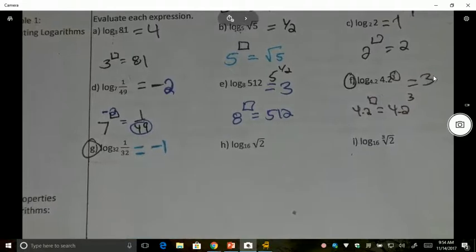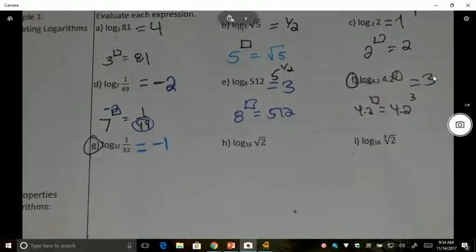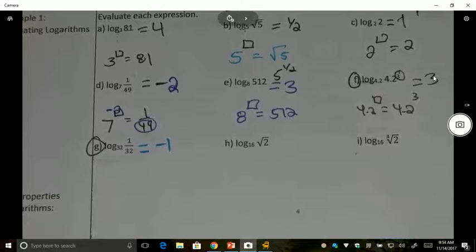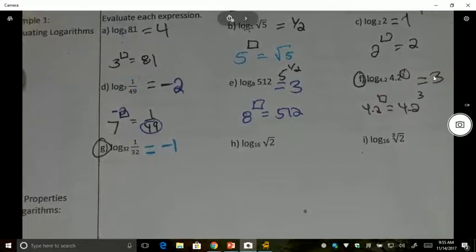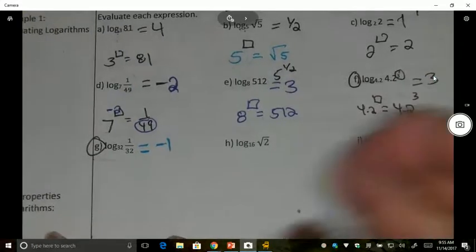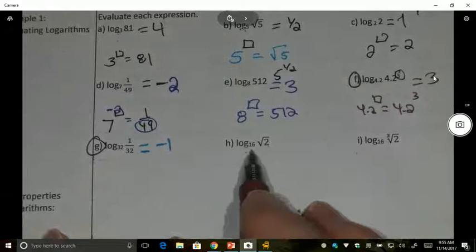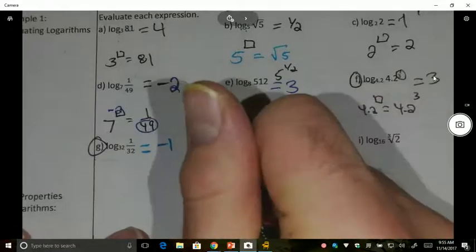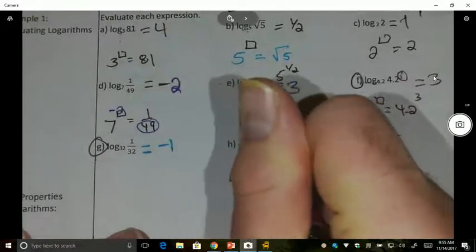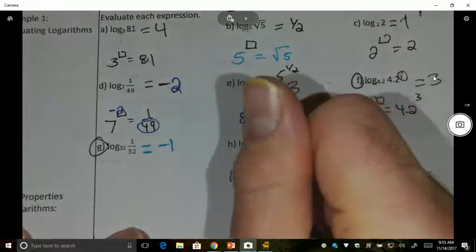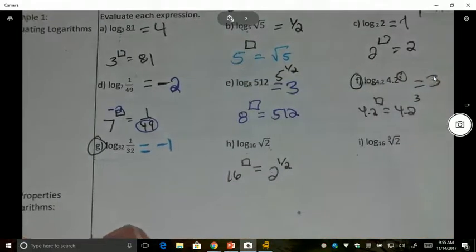Okay, this next one's a little challenging, and so when you get stuck, you need to break down the base and see if you can express it as a prime number, or at least in terms of one. So right now I have 16 to what power is square root of 2, or 2 to the 1/2?